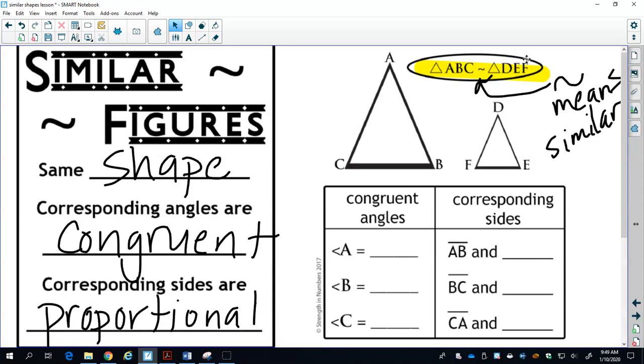The other thing I want you guys to recognize is that the similarity statement determines the angles that go together. What I mean by that is, if you take a look at ABC, A goes with D. It's going to be listed in the order of the angles that are congruent. So A goes with D. That means that they're congruent.